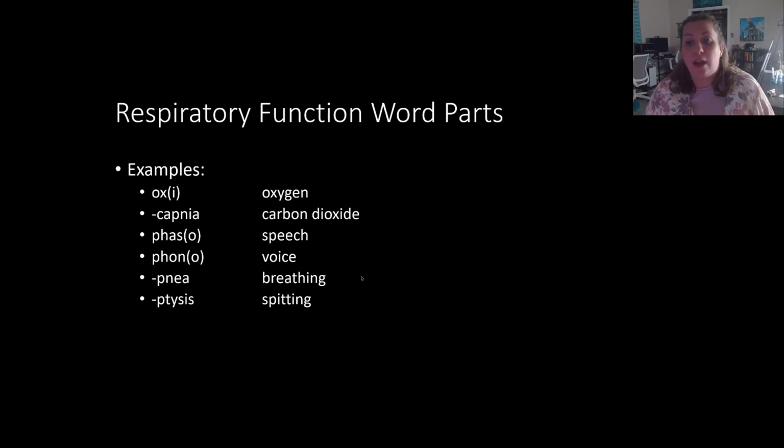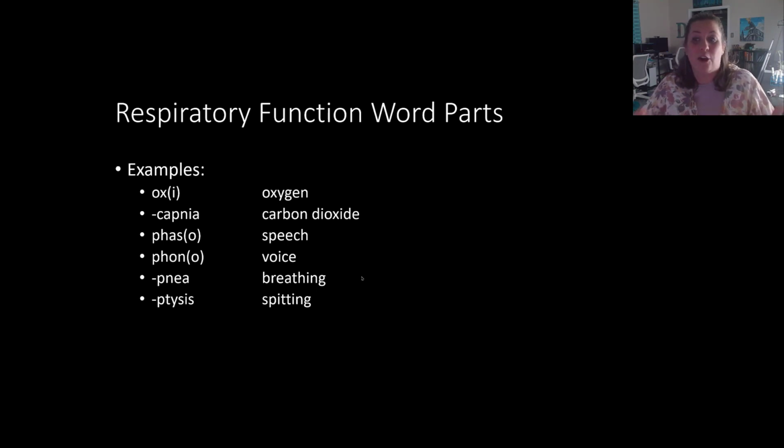Now, of course, when we're talking about breathing, we do see that you have different types of breathing that can take place. And so you have pnea, which is talking about breathing itself. And we can add words to that when we're talking about pnea. There's also spiro that could be on here, and spiro is the combining form used for respire or respiratory.